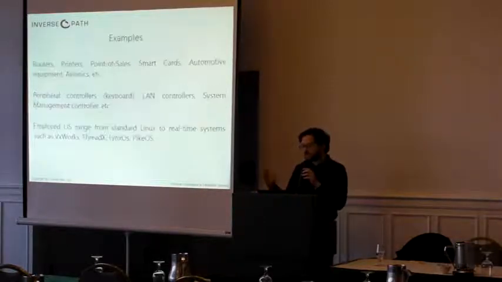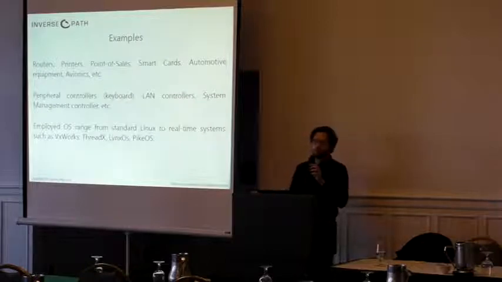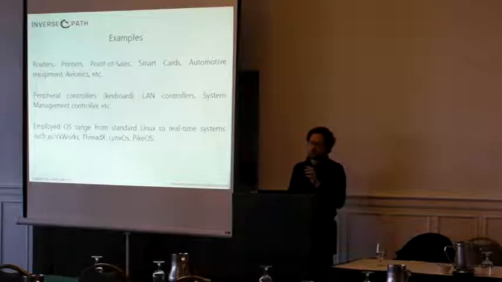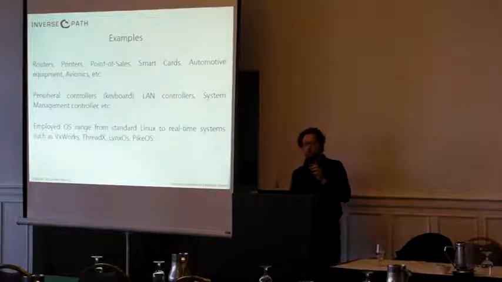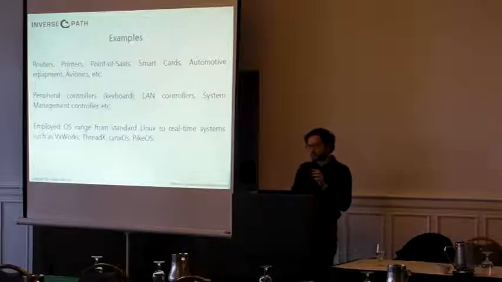Devices that fall under this category include what controls a router, the boards that control your printers, which sometimes have a Linux system or a real-time operating system, point-of-sale devices, which might have their own custom operating system or firmware, or sometimes things like Linux, which are more common, smart cards, automotive equipment, avionics. These are all kinds of things that we deal with for work, and they always pose interesting challenges.